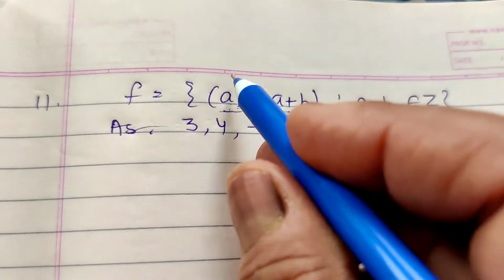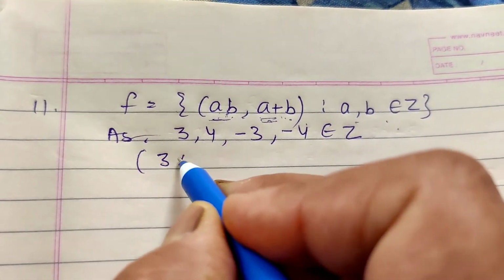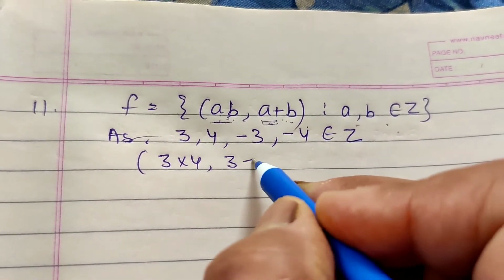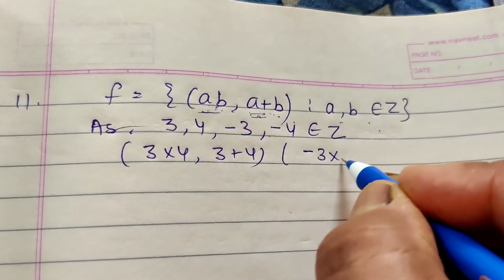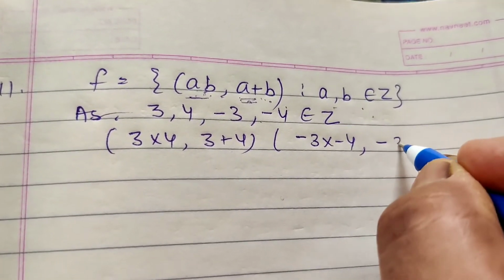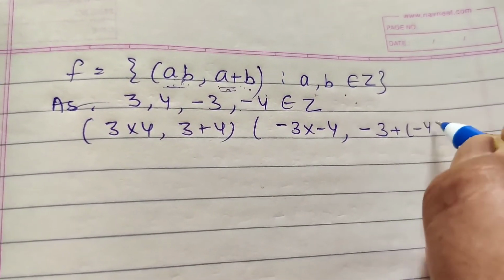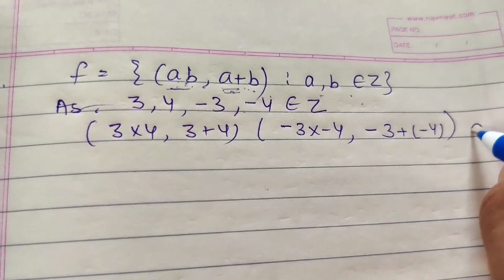The function becomes (3 into 4, 3 plus 4) and second is (minus 3 into minus 4, minus 3 plus minus 4).